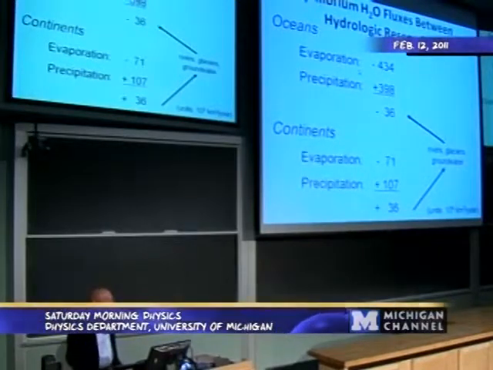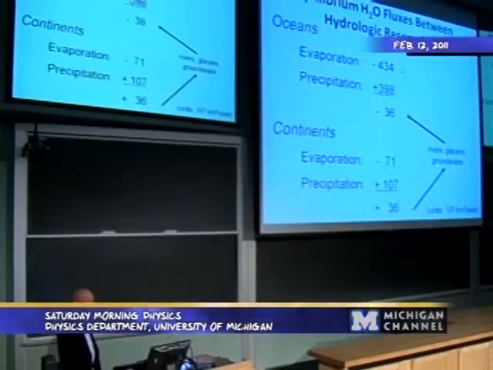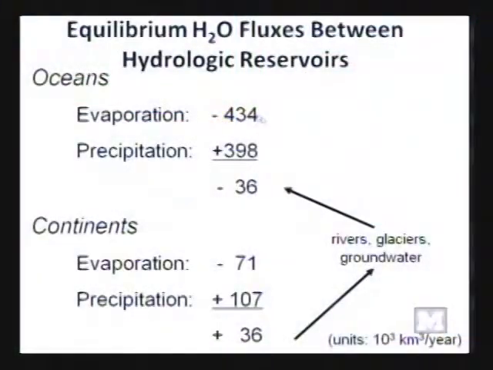Evaporation is taking place over the entire ocean, and so the oceans are losing 434 of these units, but some of that falls back onto the oceans as rain, and so rainfall returns some of that to the oceans. But you can see that there's a deficit of 36 of these units.